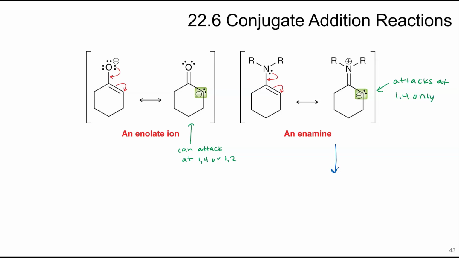So we take this and add a Michael acceptor to it. This is partially positive. This enolate can attack here. So you end up with O minus there.